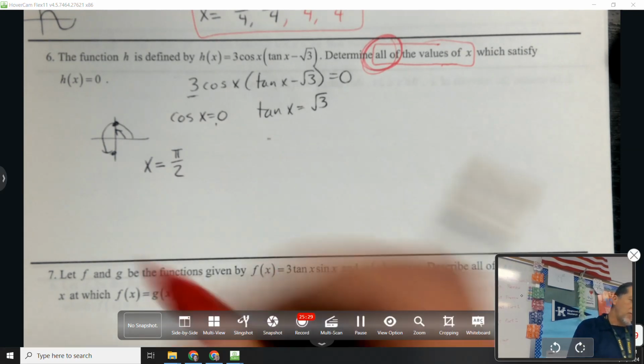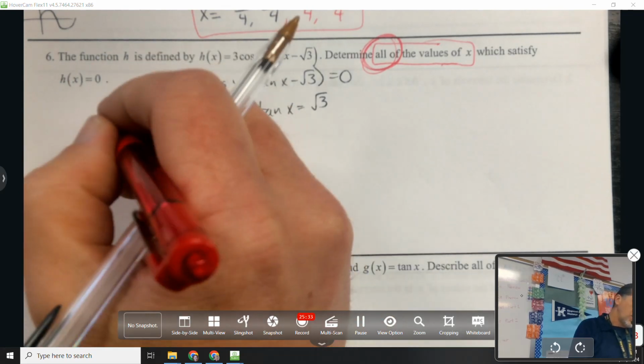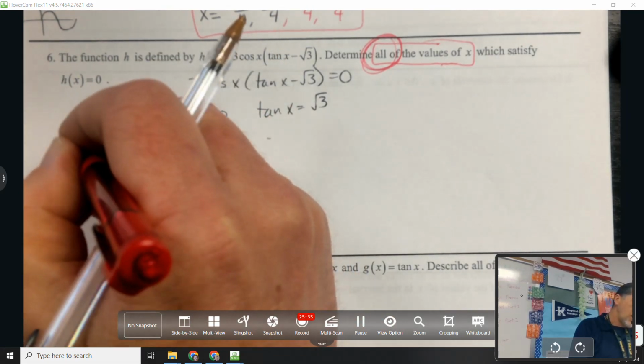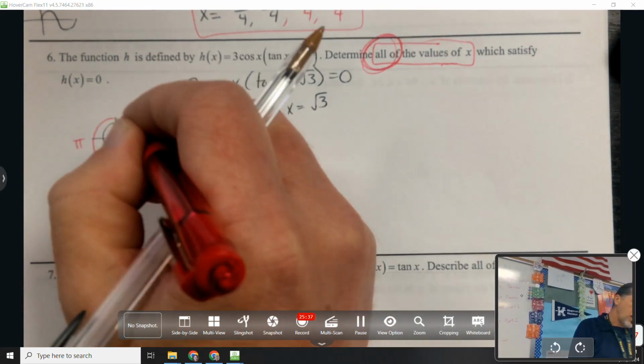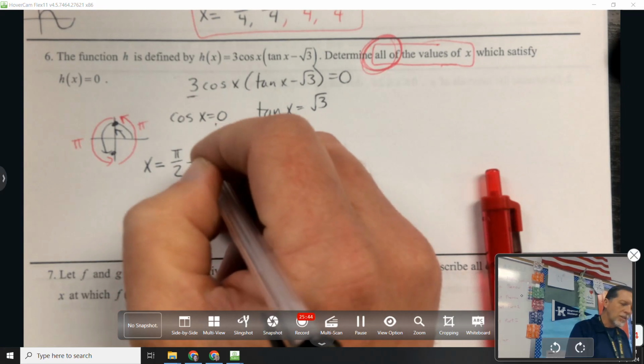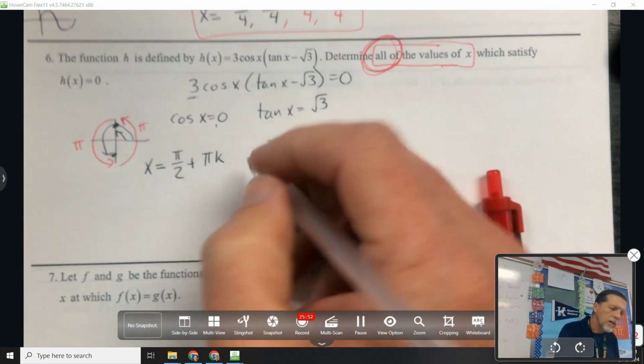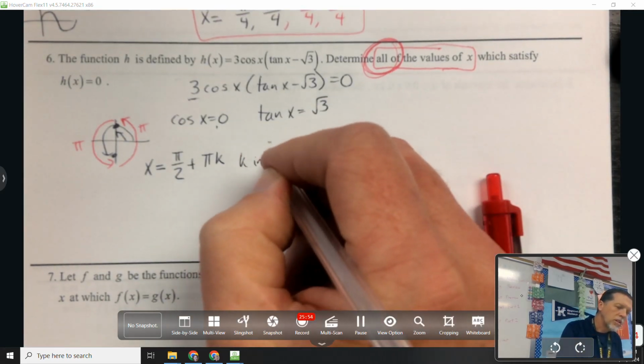Maybe phrase it this way: how far apart are my two answers? They're pi apart. So one way to say this would be pi over 2 plus pi k, where k is an integer.